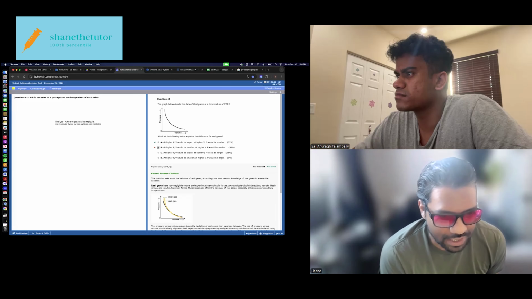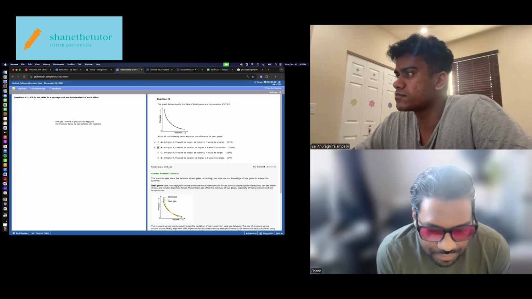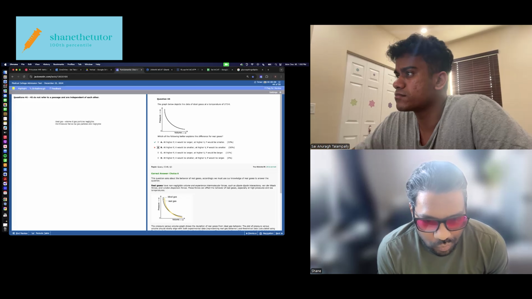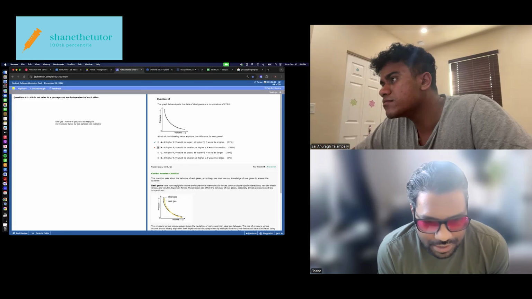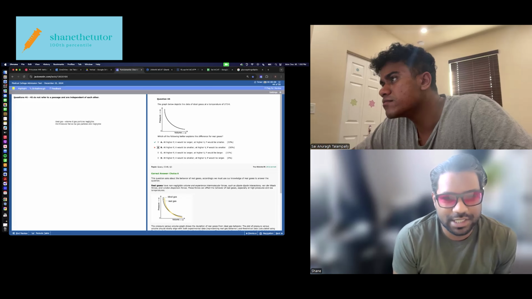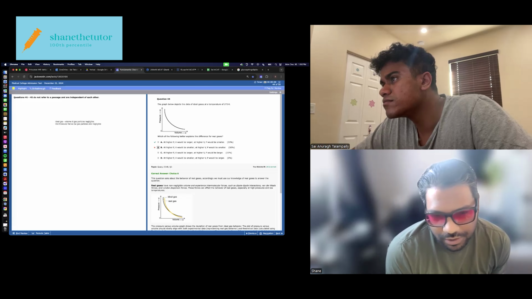So I guess they're saying the first two things are for an ideal gas. This is worded weirdly, but okay. At higher P, oh, this is just saying for real gases alone. Okay, so at higher P, V would be smaller. At higher V, P would be smaller.